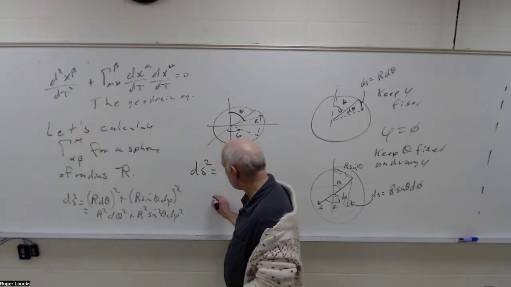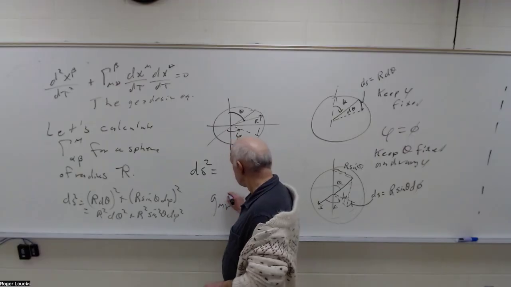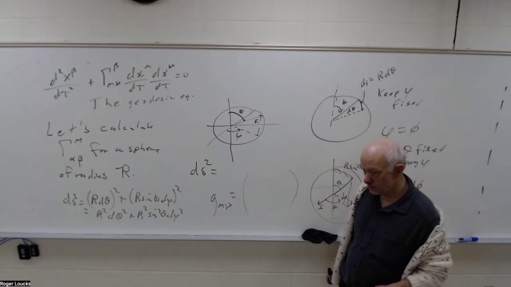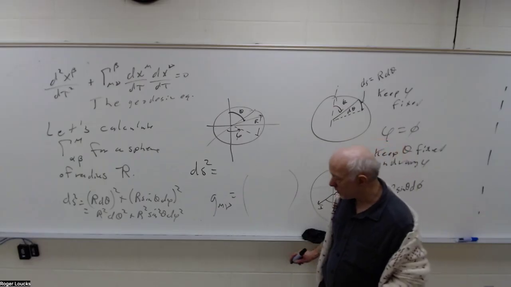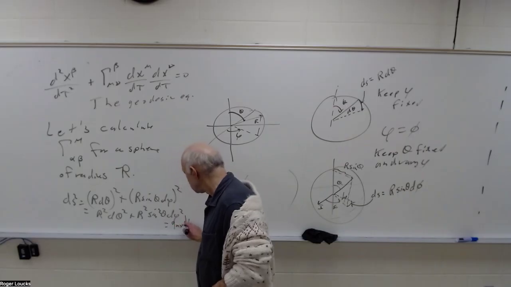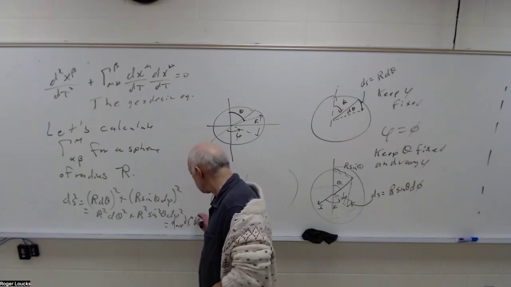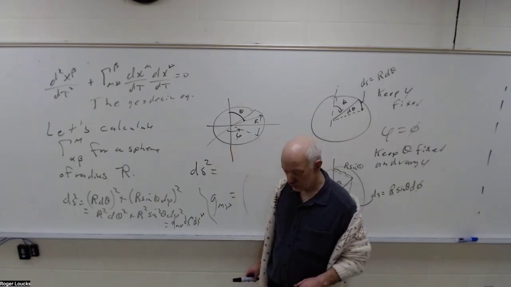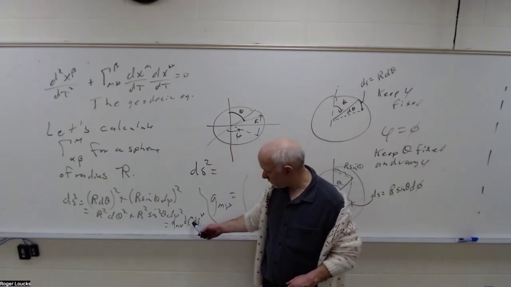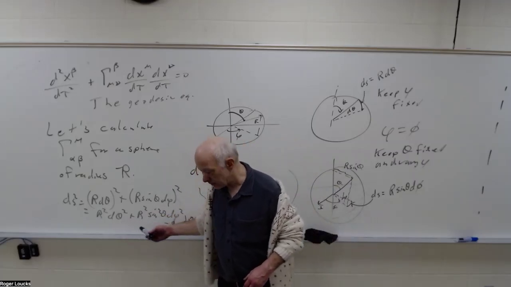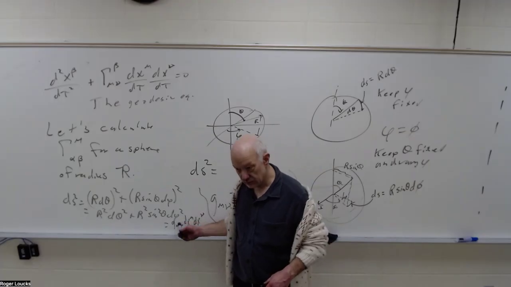In this case here, what is my g mu nu now? I would write it as a matrix. Now this has to equal g mu nu dx mu dx nu. The dx1 is going to be d theta, and the dx2 is going to be d phi.